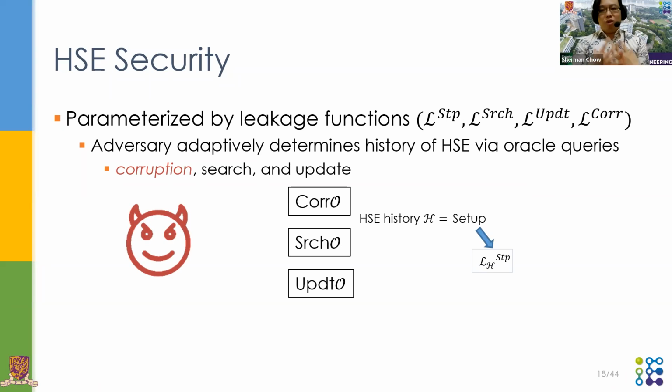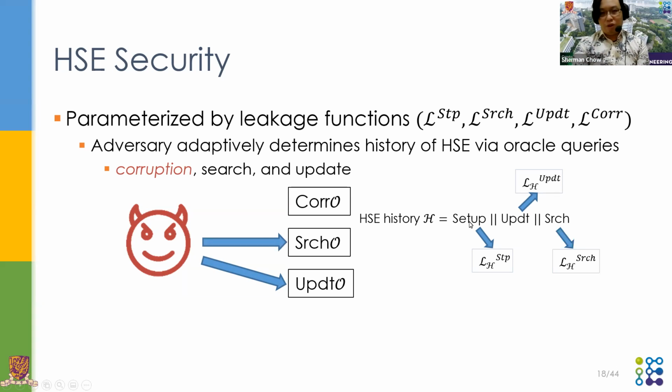So we have this DSSE-like treatment, which still starts with the setup leakage. As long as you put the initial database online, that could already be leakage, so we capture that. Then as usual, the adversary triggers different oracles, like the update oracle, asking the server to update something. There may be corresponding leakage, and the corresponding history is appended to the initial setup history.